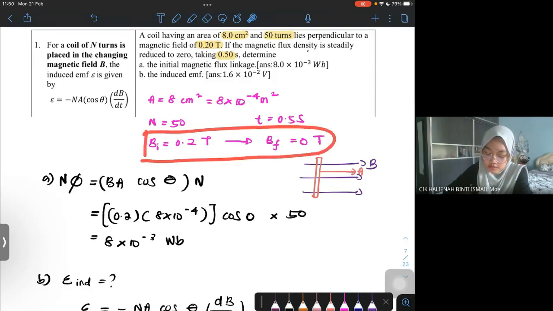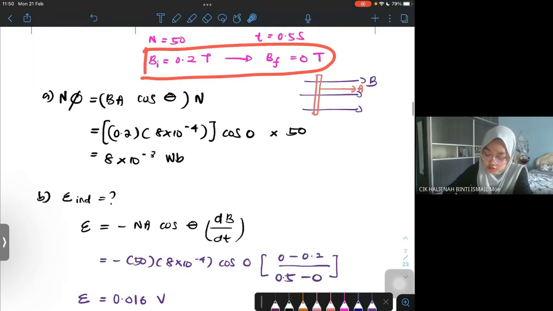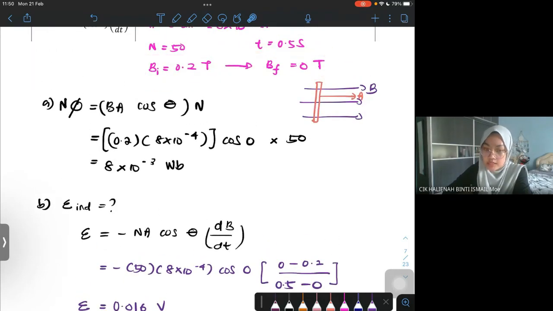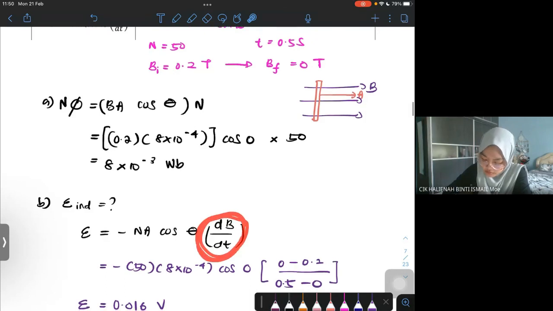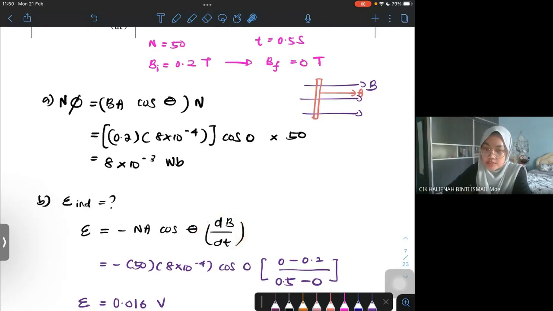It's easy, you just have to use the formula where we have dB over dt, and dB over dt is just final minus initial.